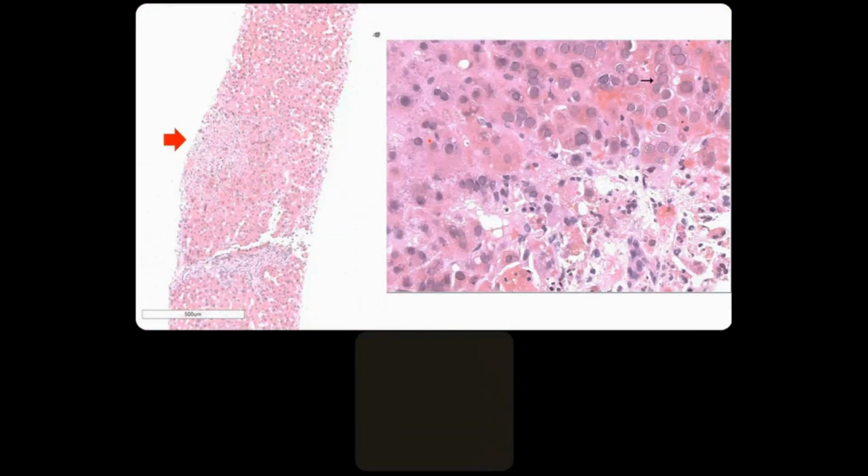Here is another rare cause of acute liver failure that is usually fatal if left untreated. So the image on the left here shows the H&E section of the liver biopsy, which demonstrates these areas of geographic necrosis. The image on the right here shows hepatocytes bordering these areas of necrosis with nuclear features of margination and molding.